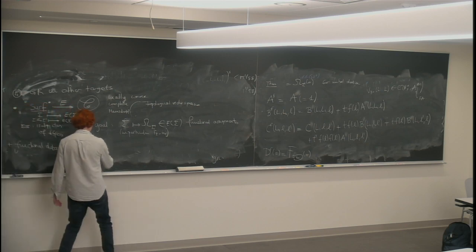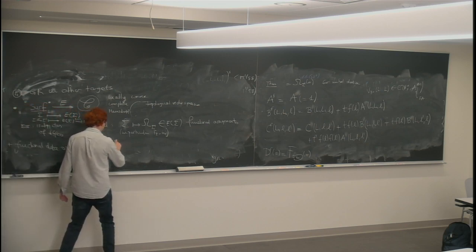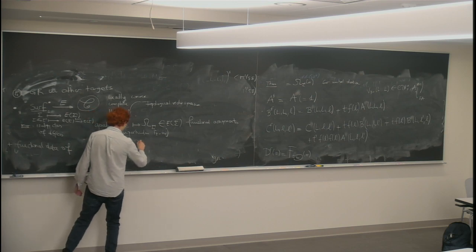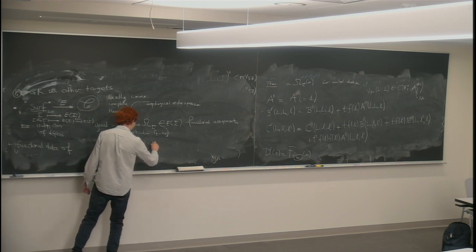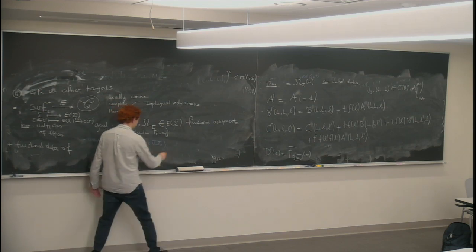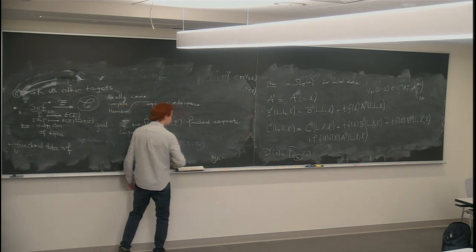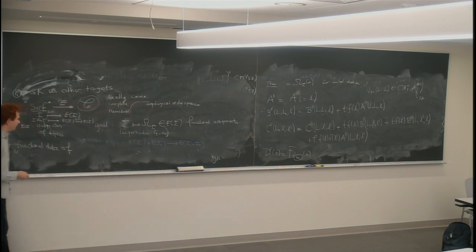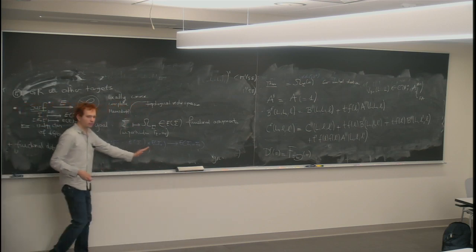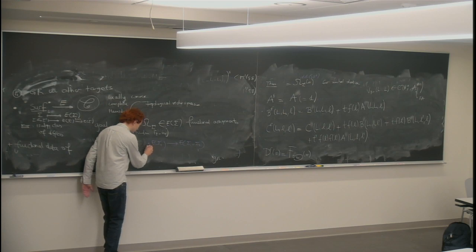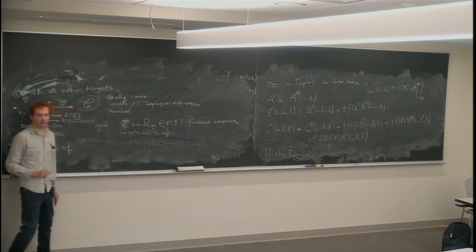So you need union maps, which go from this Cartesian product with this to E of the union. And I just want bilinear maps. I don't want to discuss the question of tensor product and completion, I don't really need it.